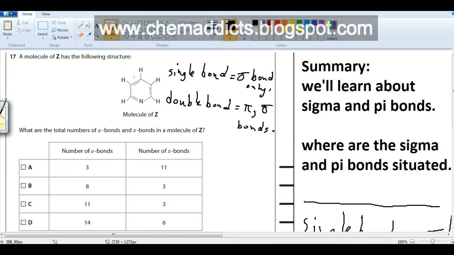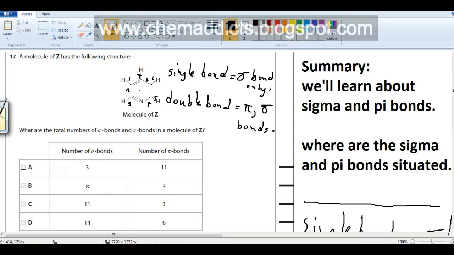So let us count the single bonds first. One single bond is equal to one sigma bond. 1, 2, 3, then 4, 5, 6, 7, so 8. At first we have counted the single bonds.